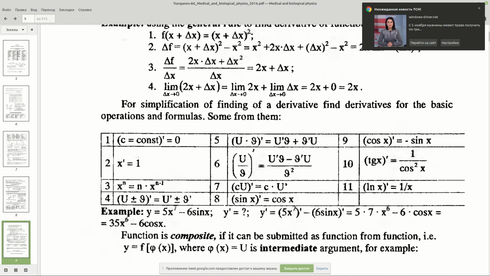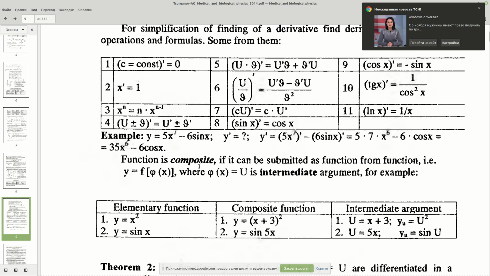A composite function is one that can be represented as a function of a function: y equals a function of u, where u is some intermediate argument.